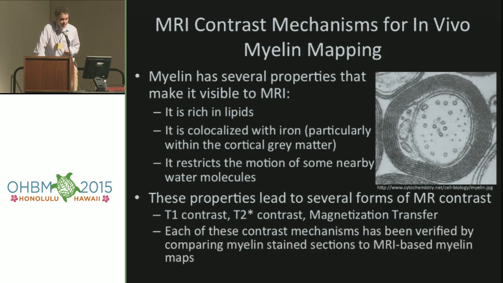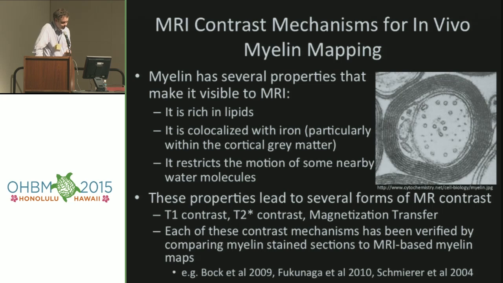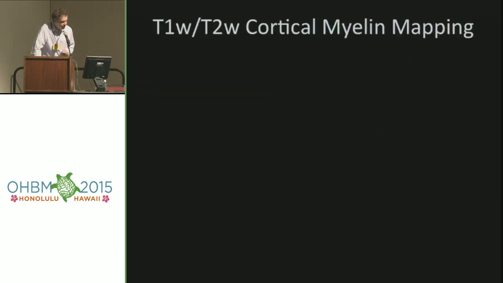Each of these contrast mechanisms has been verified by comparing myelin-stained sections to MRI-based myelin maps. These are some of the studies that have actually done this, where they scanned some tissue and then they stained it.